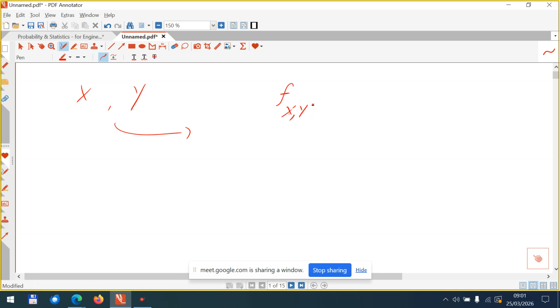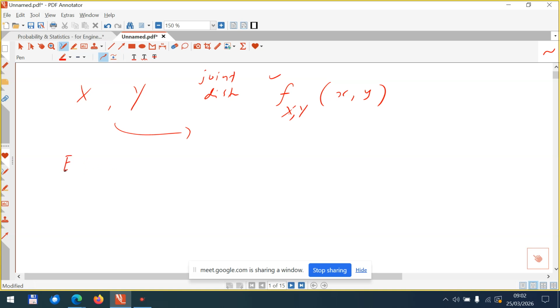It's up to you. And then f of x, y at the specific values will be your joint distribution for both x and y.